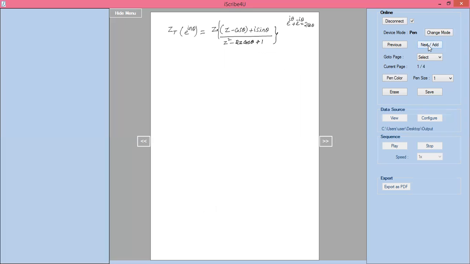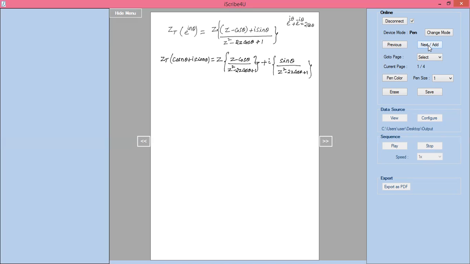Now, z transform of e power i n theta, which I am writing as cos n theta plus i sin n theta, equals z into z minus cos theta divided by z square minus 2z cos theta plus 1, plus i into z sin theta divided by z square minus 2z into cos theta plus 1.